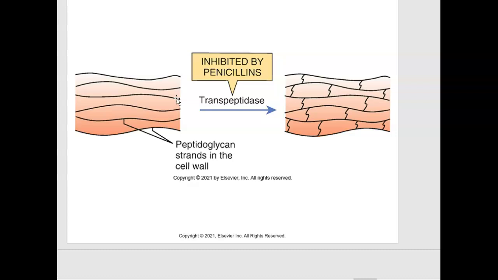The autolysins are bacterial enzymes that cleave bonds in the cell wall. Bacteria use those enzymes to break down segments of the wall to permit growth and division. So by simultaneously inhibiting the transpeptidase and activating the autolysins, the penicillins disrupt synthesis of the cell wall and promote its active destruction.